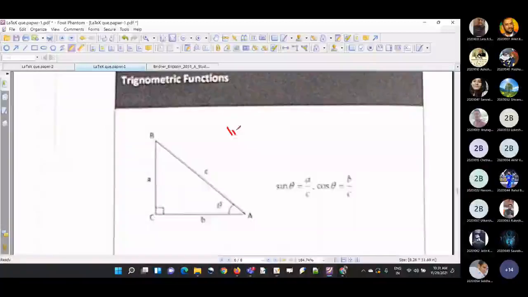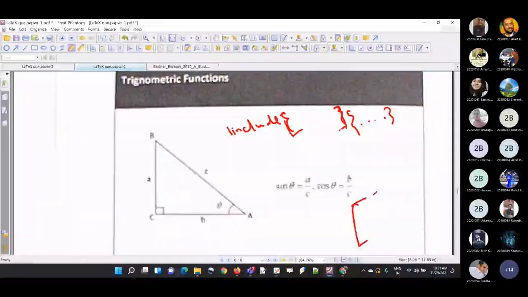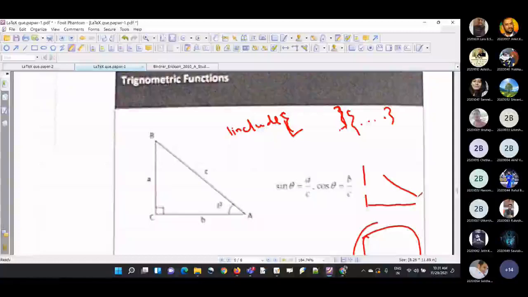You write backslash includegraphics, and then the command and the name of the image. Here you can write attributes and all, and then the image name. You can make some image like this. Like this image you can create, so that you are showing these are the images. Then you can write this sine theta, some LaTeX command, for this.